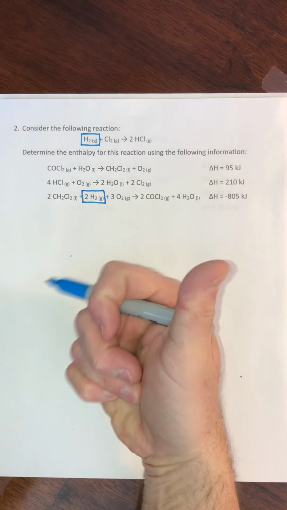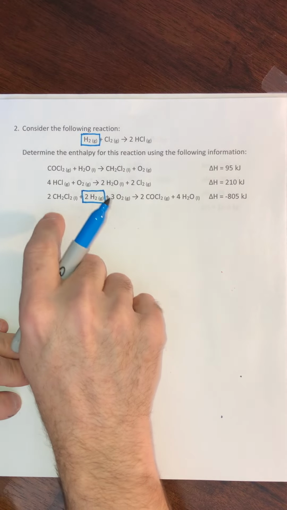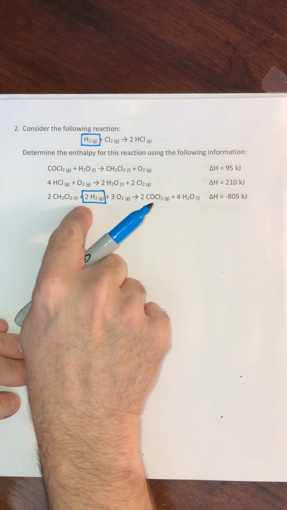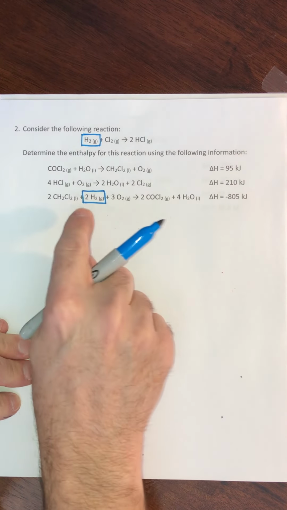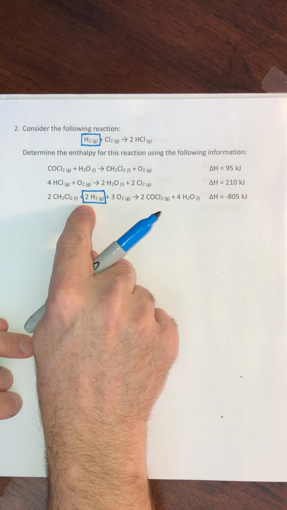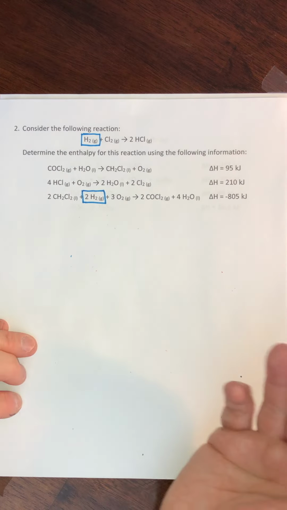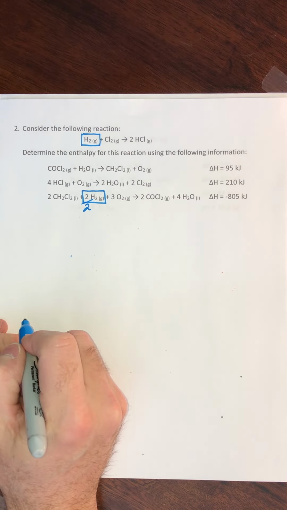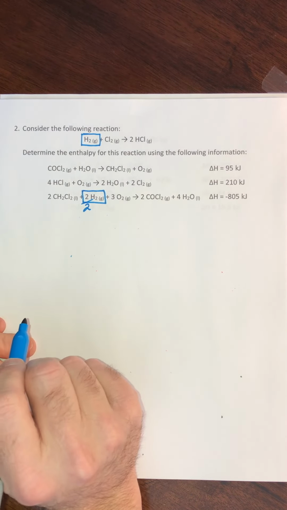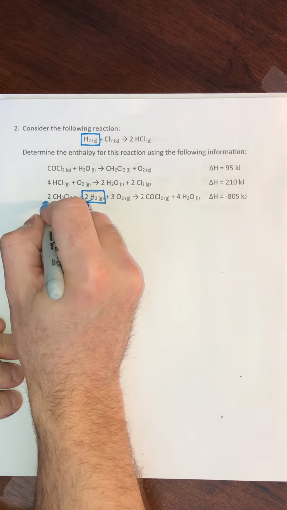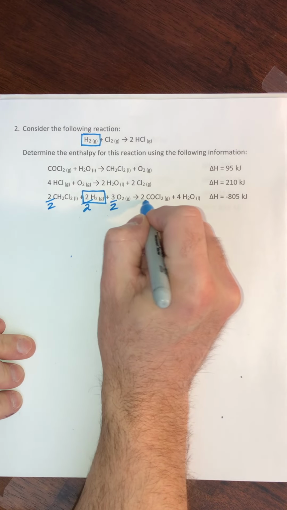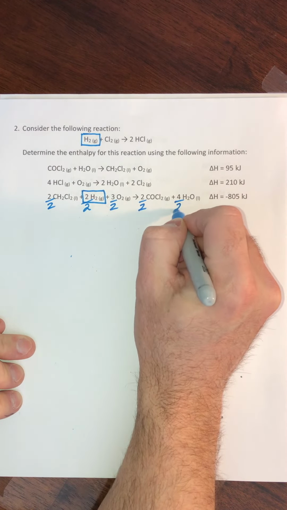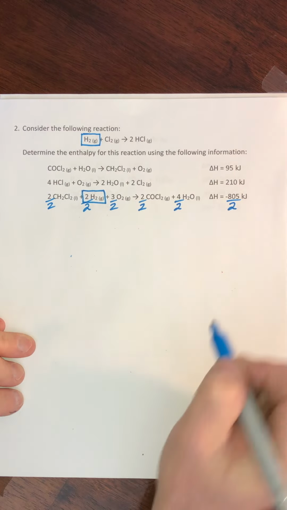Okay, that's excellent. Unfortunately though, the numbers are not right. I need one of them and I currently have 2. That's an easy fix. Divide it by 2 and that'll turn it into a 1. But it does mean that you're going to have to divide everything by 2. So divide by 2, divide by 2, divide by 2, divide by 2, and divide by 2.